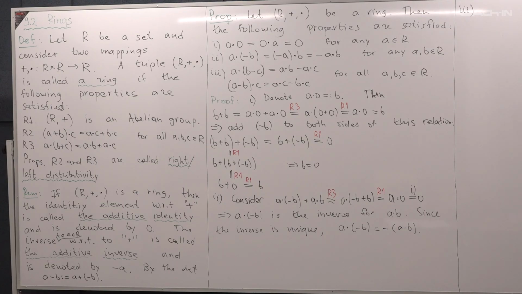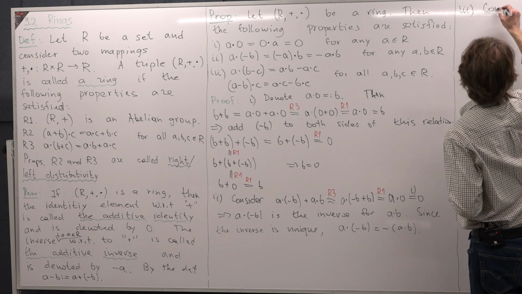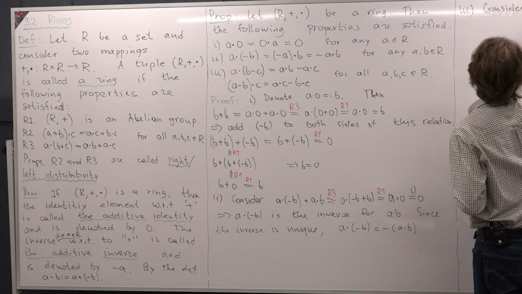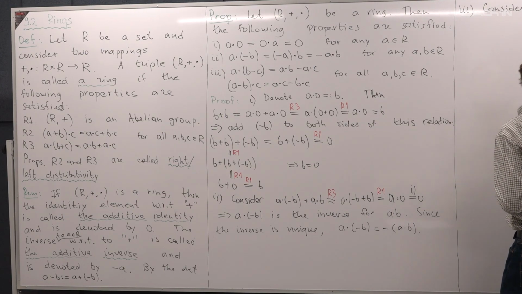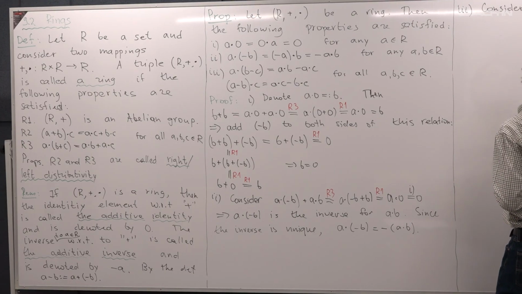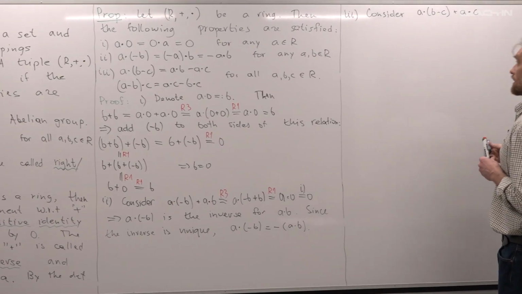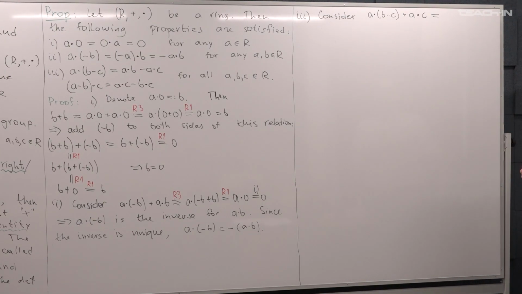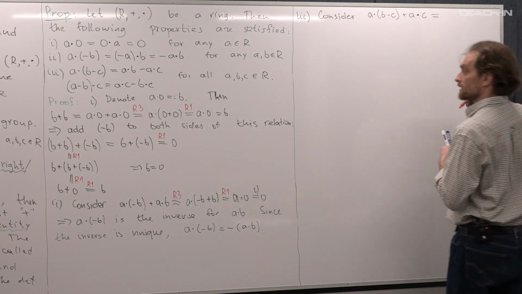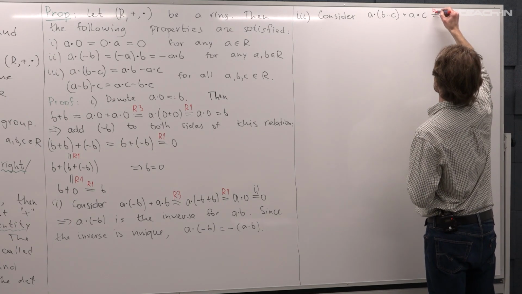So once again, we're going to prove only one of them because the other one is proved similarly. So consider A multiplied by B minus C plus A multiplied by C. So once again, we use the left distributivity, so it is denoted by R3.